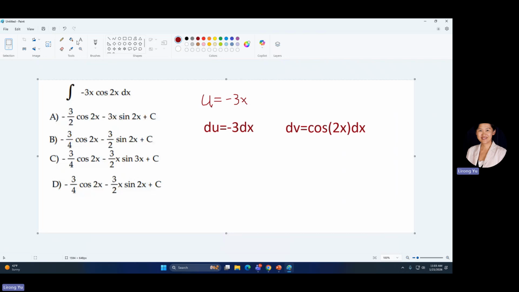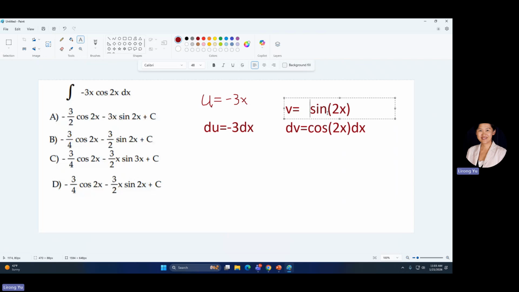Like if the derivative is cosine 2x, what function is the original? The derivative of sine 2x is cosine 2x times 2. But we don't have that 2, so we have to multiply by 1/2. So it's like a reverse chain. Instead of multiplying by 2, we divide by 2.